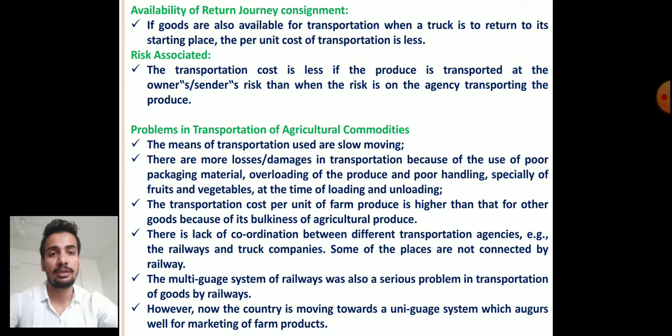This system is also a serious problem in transportation. The country is, however, now moving towards a uni-gauge or single gauge system, which augurs well for marketing of the farm products. So these are the problems in transportation of agricultural commodities.